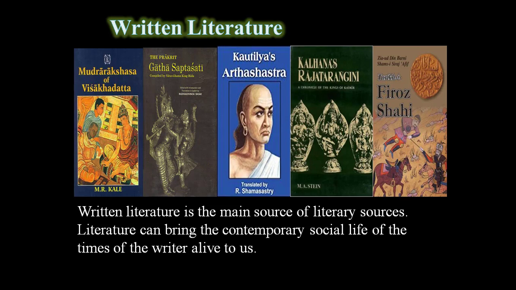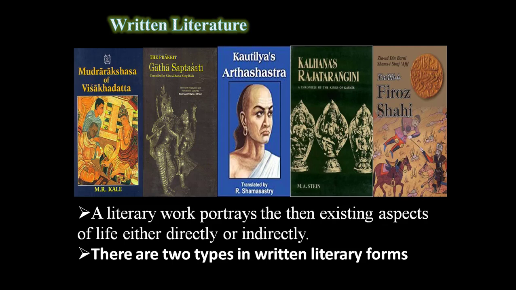So these are all the important evidences or proofs or documents generally provided by the written documents, so that they bring the social life of the times of the writer alive to us. Written literature, a literary work, portrays existing aspects of life either directly or indirectly. It is written literature.